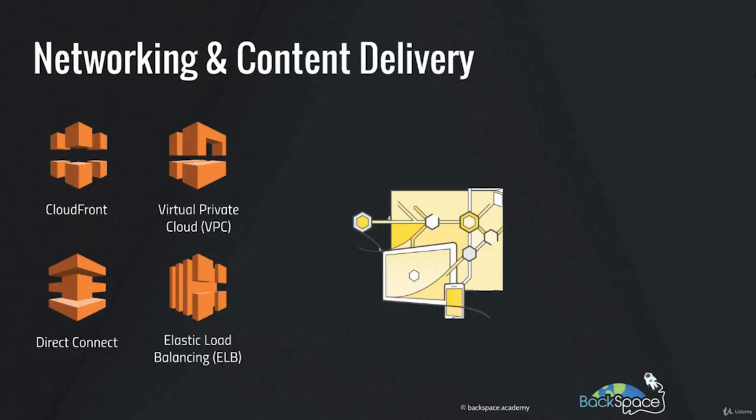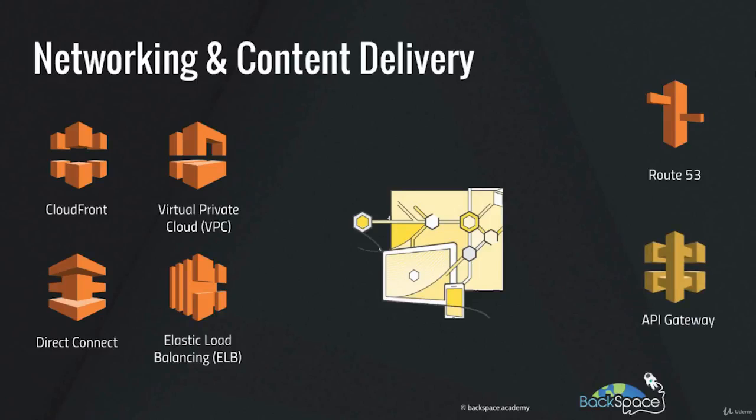It also allows you to achieve high availability and fault tolerance by distributing traffic evenly amongst those instances, and it can also bypass unhealthy instances. Amazon Route 53 is a highly available and scalable domain name system, or DNS for short, and it can direct traffic for your domain name and direct that traffic to your back-end web server.